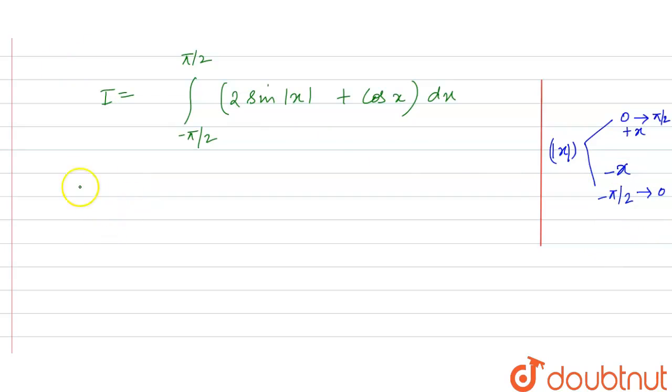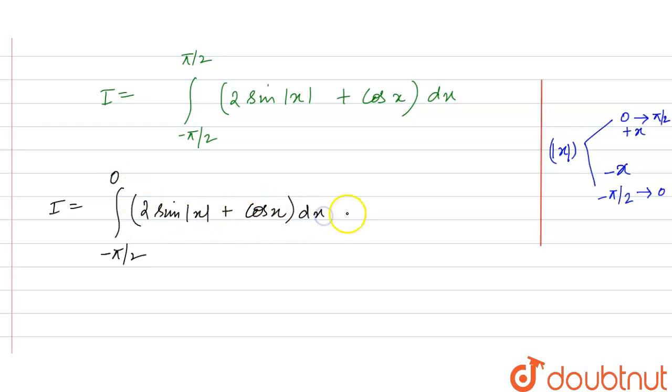So opening this accordingly, I is equal to the integration from minus pi by 2 to 0 of 2 sine modulus x plus cos x dx, and similarly plus the integration from 0 to pi by 2 of 2 sine modulus x plus cos x dx.